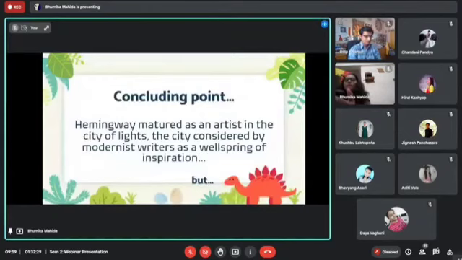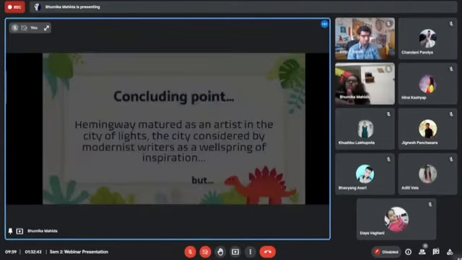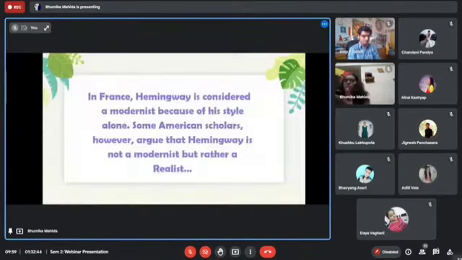Hemingway matured as an artist in the City of Lights, a city considered by modernist writers as a wellspring of inspiration. In France, Hemingway is considered a modernist because of his style alone.